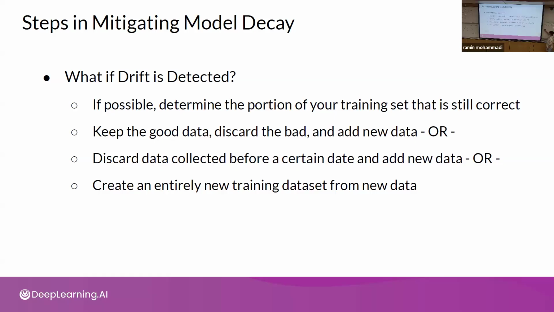If P of X is different or P of X given Y is different, meaning the overall distribution of the data is different, then because the label hasn't changed, you don't need to get rid of the old data. Actually, let me rephrase that. When the statistics change, you can look at the new data.